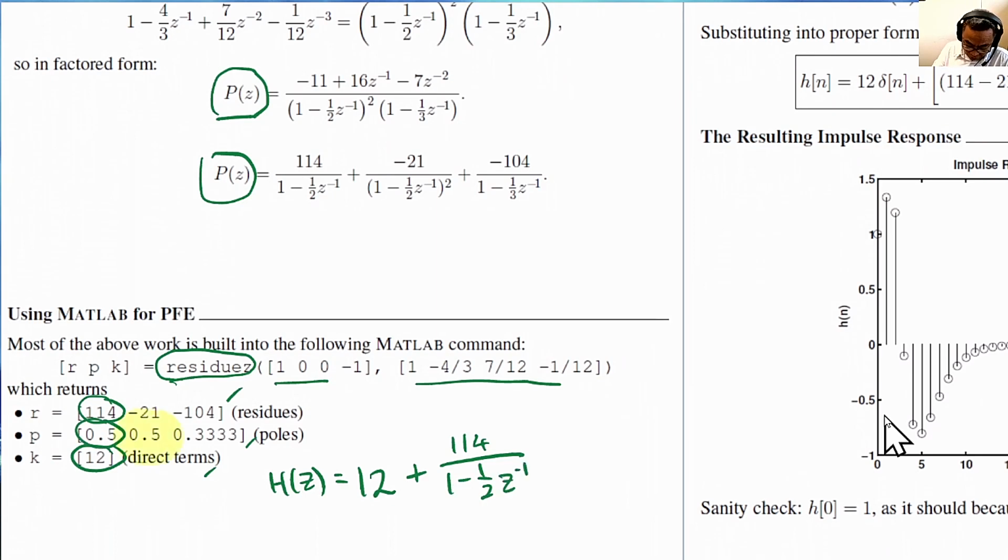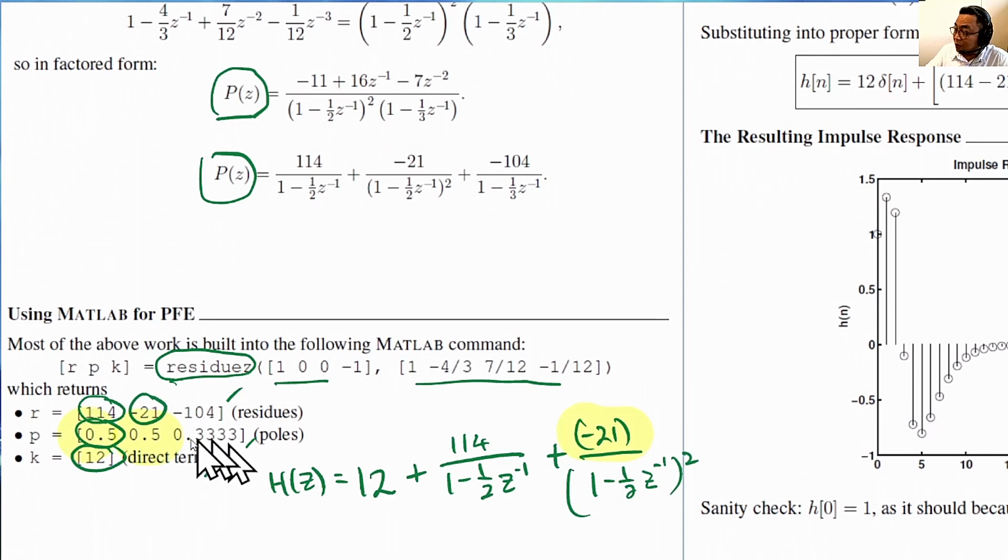The important thing to note is that we have a repeated pole, which causes us a lot of problems, as you will see. So never mind, we'll copy down minus 21 first from here. On the left hand side, minus 21 goes to here. The 0.5, which is the second one, goes to here. But since we have a repeated pole, the whole denominator is to the power of 2.